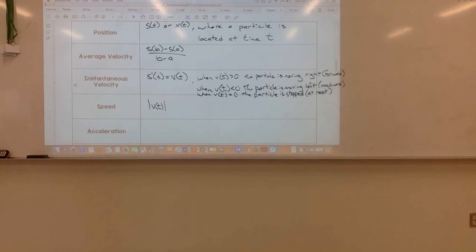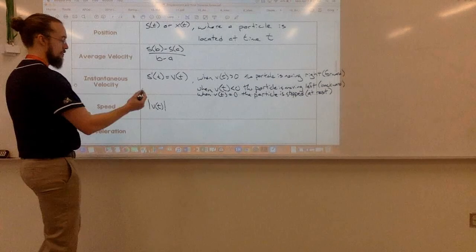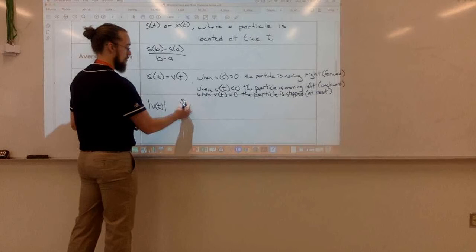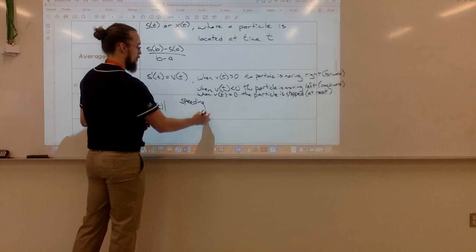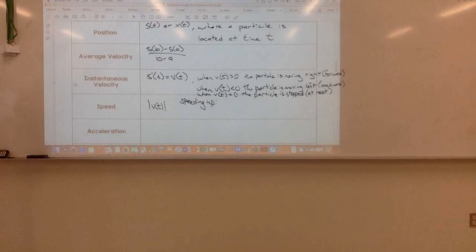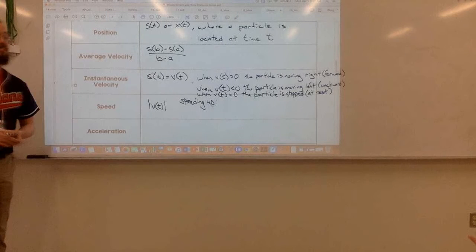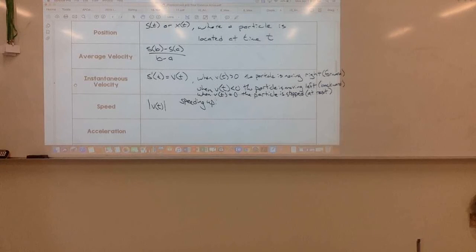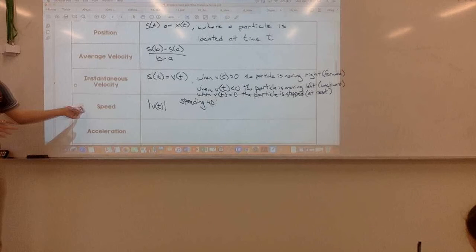I think I remember this, but I don't know exactly what it is. A particle is speeding up if the slope of velocity is increasing.